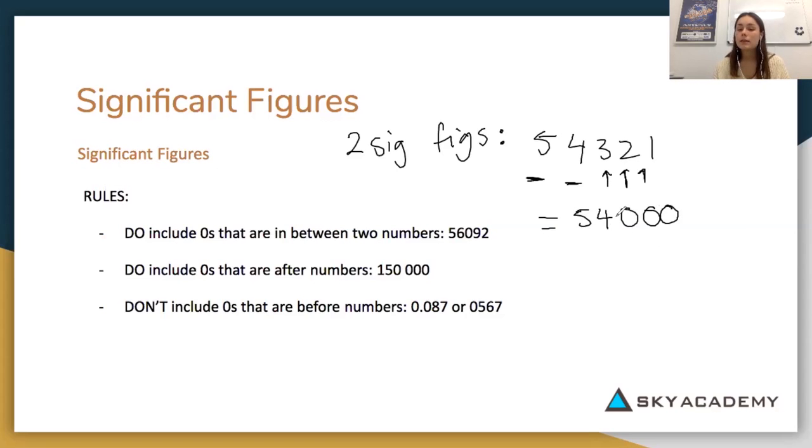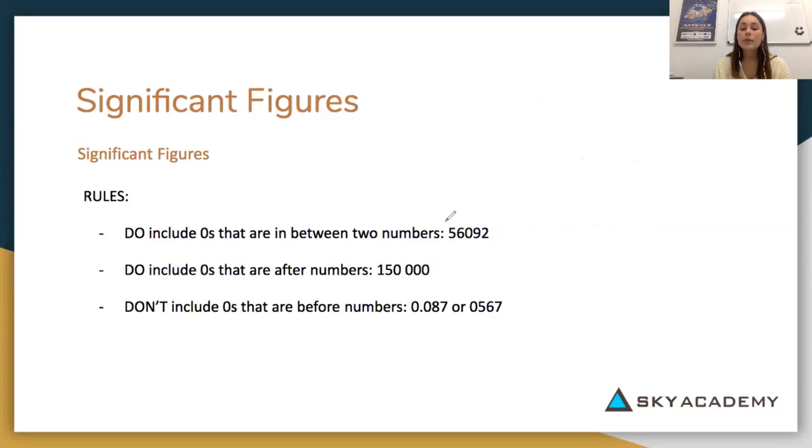However, when we're doing this, there are some rules that we need to be aware of. We do include zeros in our significant figures that are in between two numbers. So if we are asked to round or say how many significant figures are in that number, we would say that there are 5 significant figures in this number.